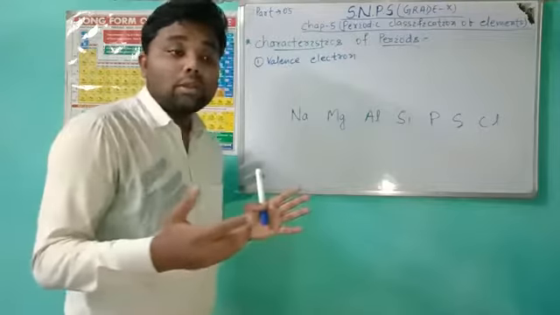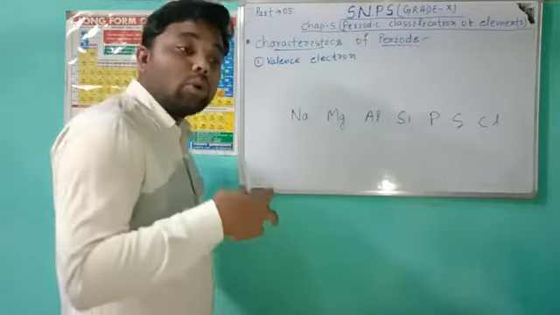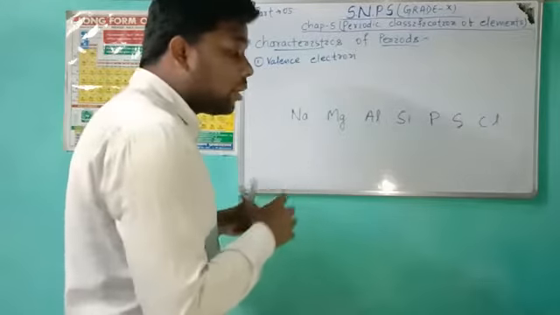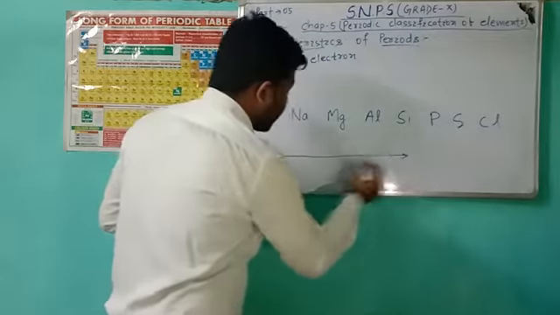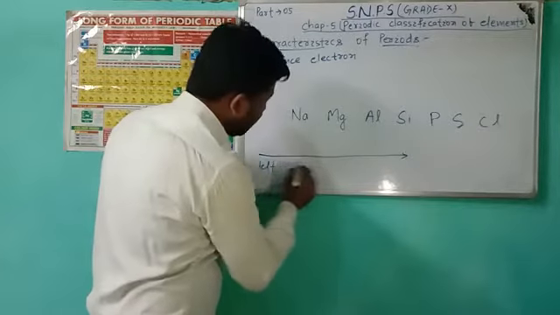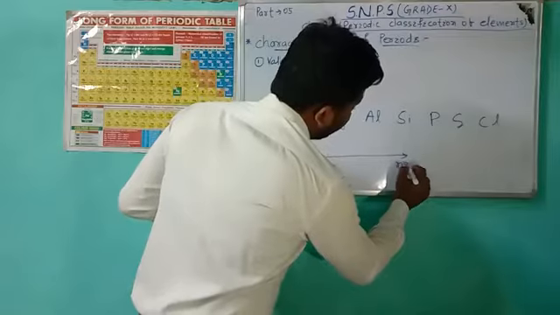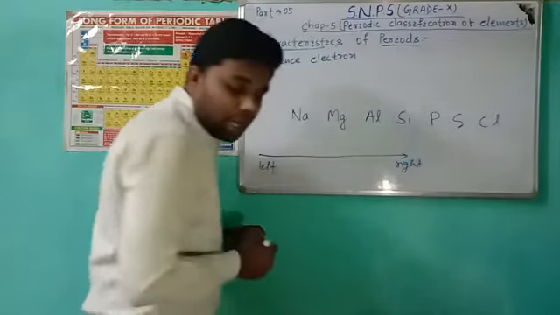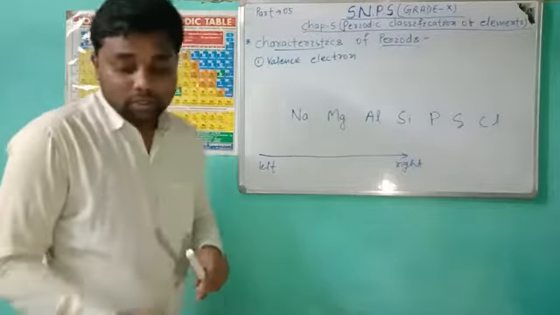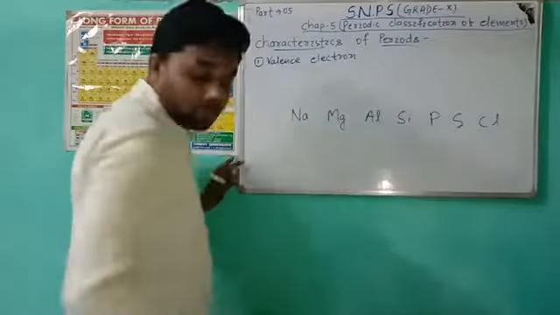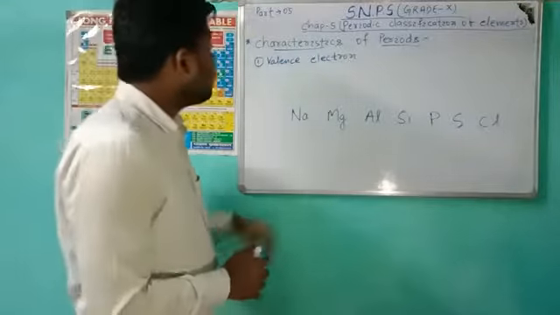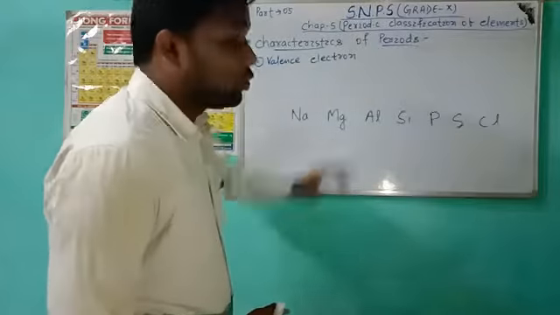When we say we go left to right, it means I am going from this side. This is left and this is right. Okay, I hope this is clear. And coming to our point, that is valence electron.